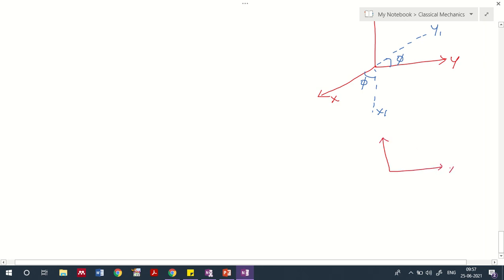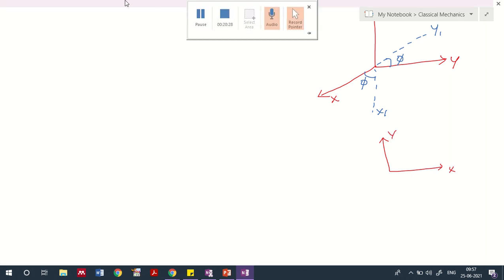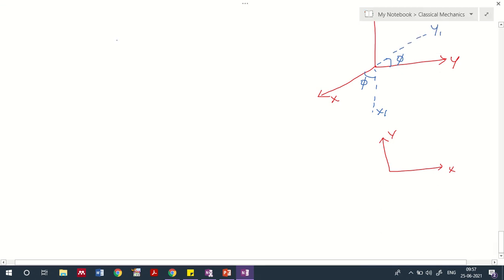So if I represent this as x and this as y, and we said that there is a slight change in angle between the two, which we represented here as phi, and on this side we also have a phi angle between them.